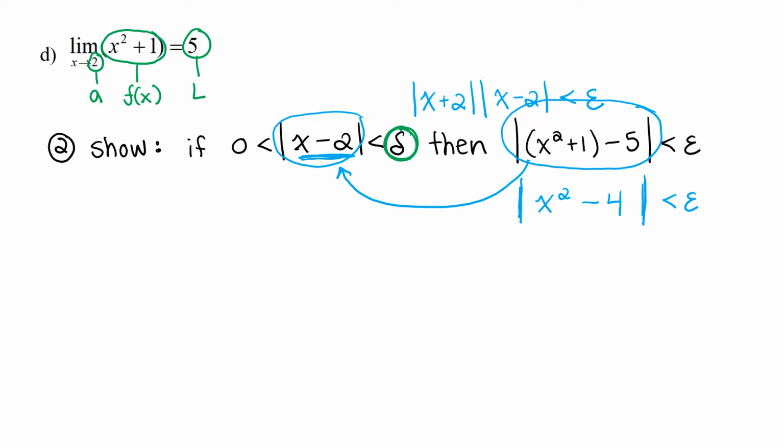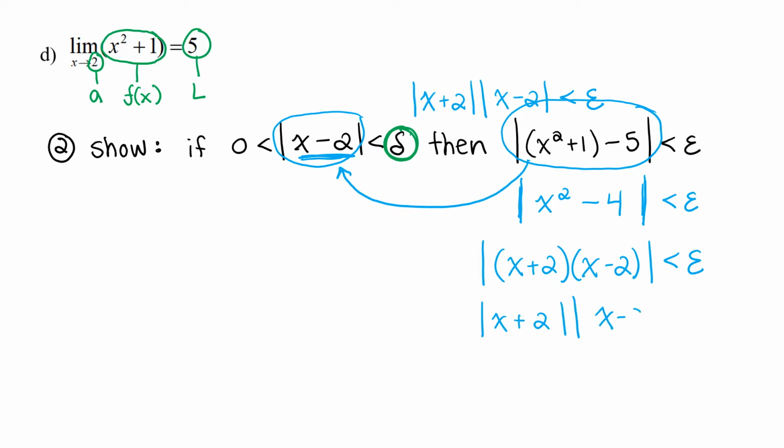This is a difference of squares, because x squared and 4 are both perfect squares, so we can factor this. So we have the absolute value of x plus 2 times x minus 2 is less than epsilon. And we can split this up so that we have the absolute value of x plus 2 times the absolute value of x minus 2 is less than epsilon.